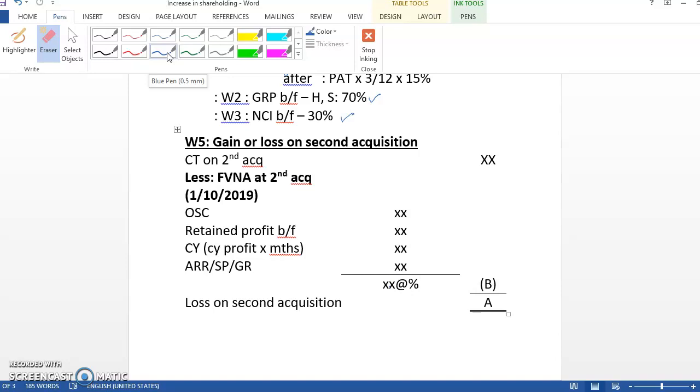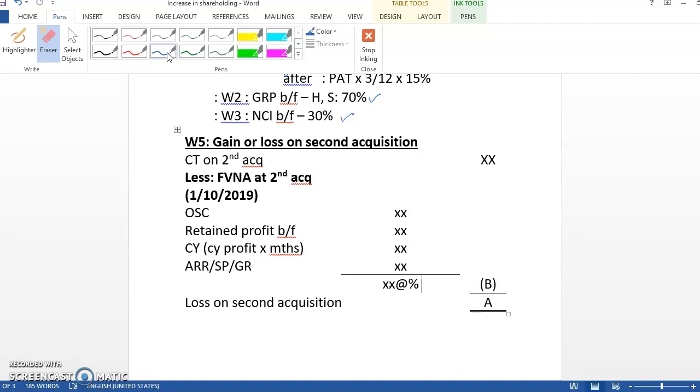For example, just now, initially acquired 70%, add another 15%, so now becoming 85%. So the status of the company still remains as a subsidiary. Therefore, we need to calculate an item called gain or loss on second acquisition.